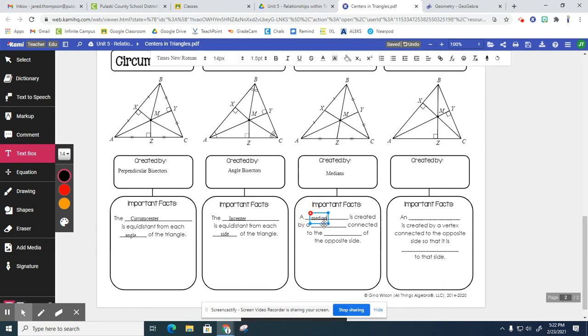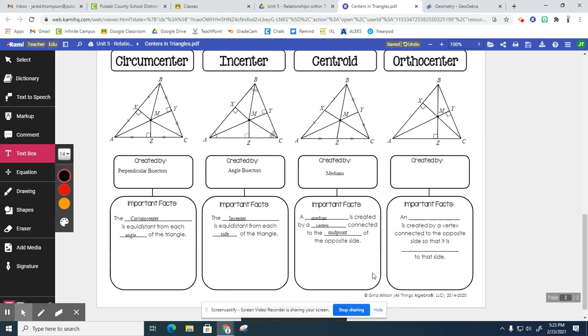So down here we say a median is created by a vertex, vertex being one of these angles on the triangle. A median is created by a vertex connected to the midpoint of the opposite side.